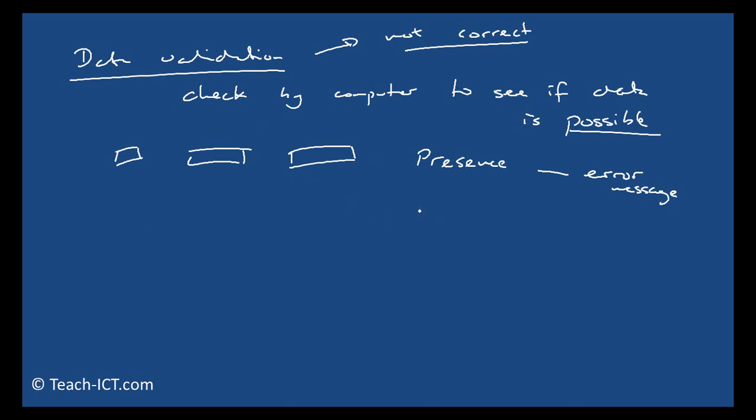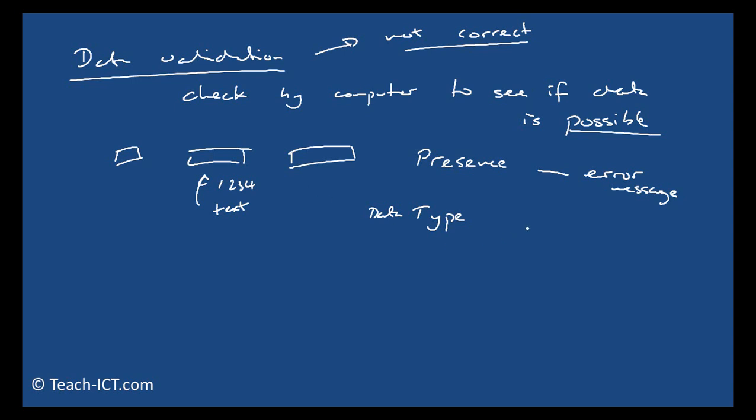Another type of validation check is a data type check. And we can do that on our first name here. If, for example, I enter into my first name that my first name is 1234, the computer's going to say, well, hold on a minute, that's not possible because I am expecting to see text in here and perhaps not an integer.